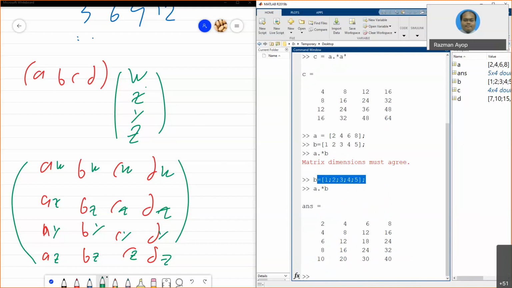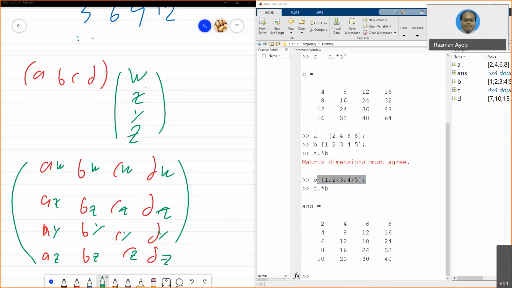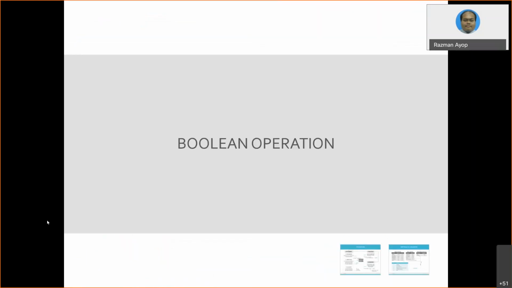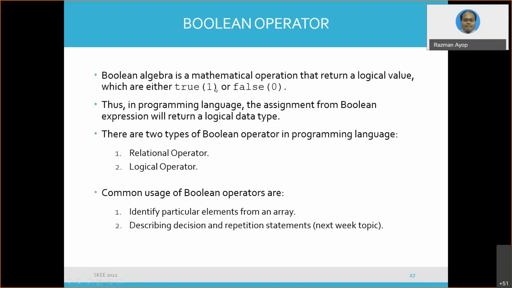Okay, we continue with the next part. So Boolean operation. Boolean is actually just true is 1, false is 0.